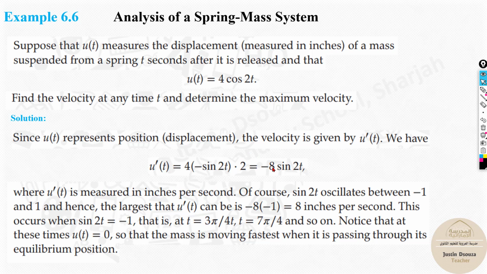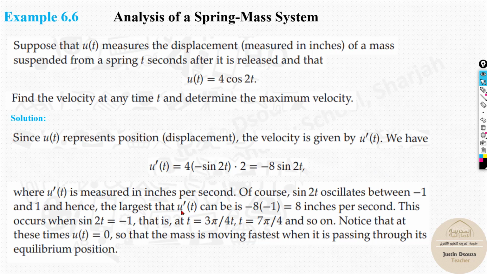So when sine 2t is minus 1, you get the maximum positive value. Because there's a minus sign, it flips. If it was plus, then obviously at 1 it would be maximum and at minus 1 it would be minimum. But since there's a negative sign already here, at minus 1 it's maximum.